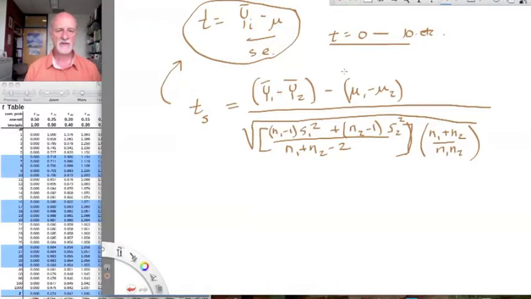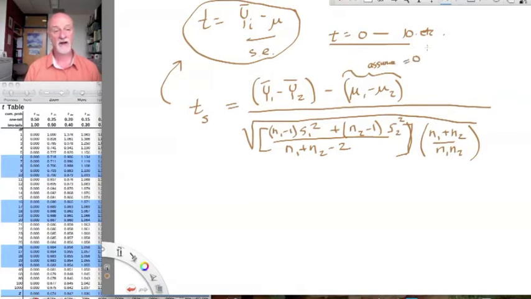The other thing that's different is in this numerator we have mu1 minus mu2. One might postulate, you might ask, whether the difference between two sample means is greater than some difference between two parametric means, but typically we are assuming that this equals 0.